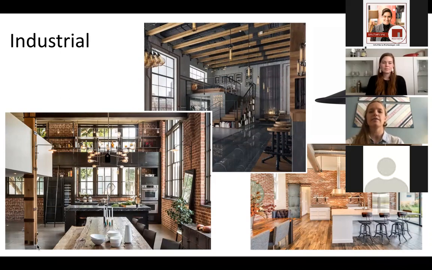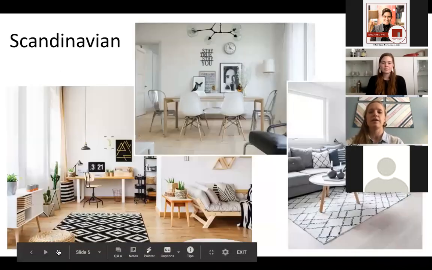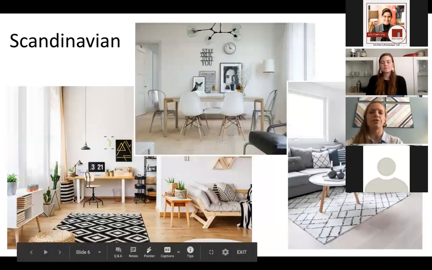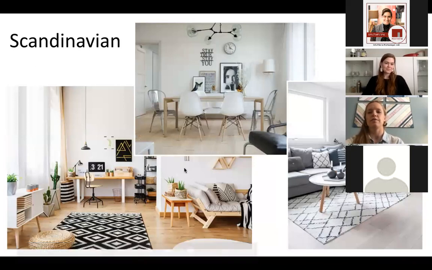Scandinavian is next. For this design style, think white walls, wood floors, modern furniture, and kind of like a lack of clutter throughout for this style. Beyond furniture from IKEA, this Nordic design aesthetic really prizes simplicity and functionality, but it doesn't need to feel cold.